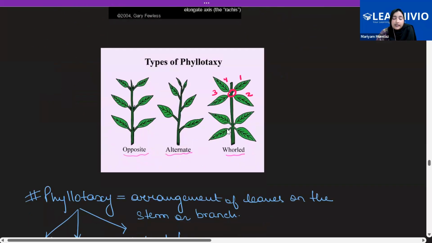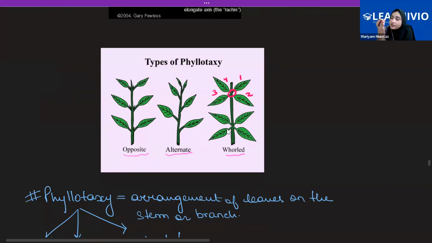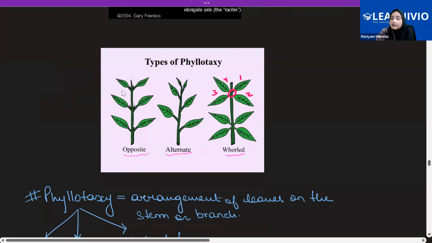Now, the arrangement of leaves on the stem or on the branch follows a pattern. There are three types: alternate, opposite, and whorled.